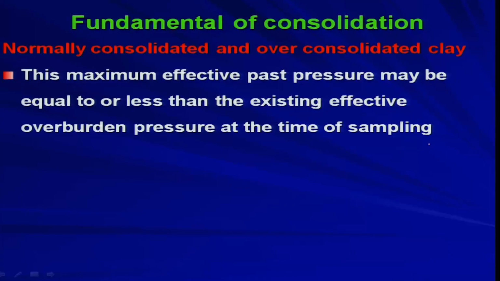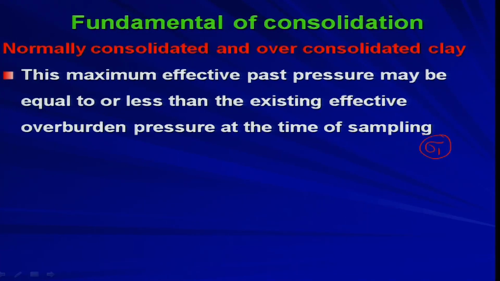So, suppose the glacier has given me some sigma 1. So, now the soil has been compressed under this pressure. Now, the glacier is not there, but still the soil can remember that I have been compressed under this pressure by the glacier.